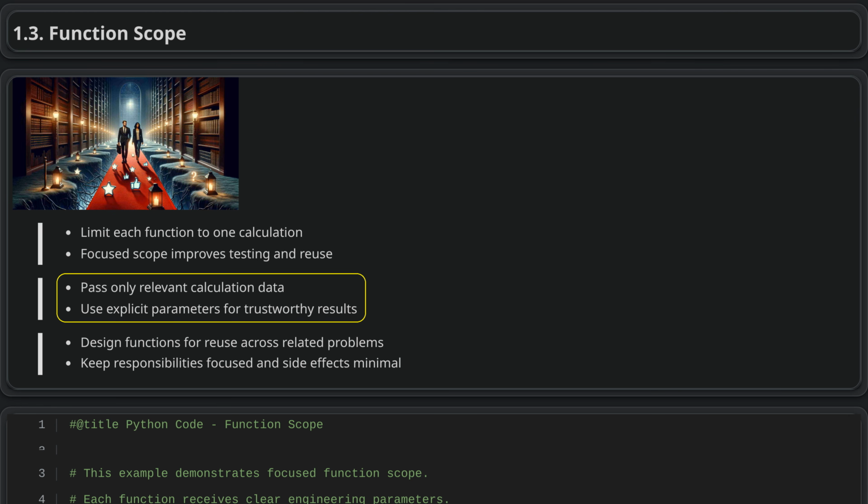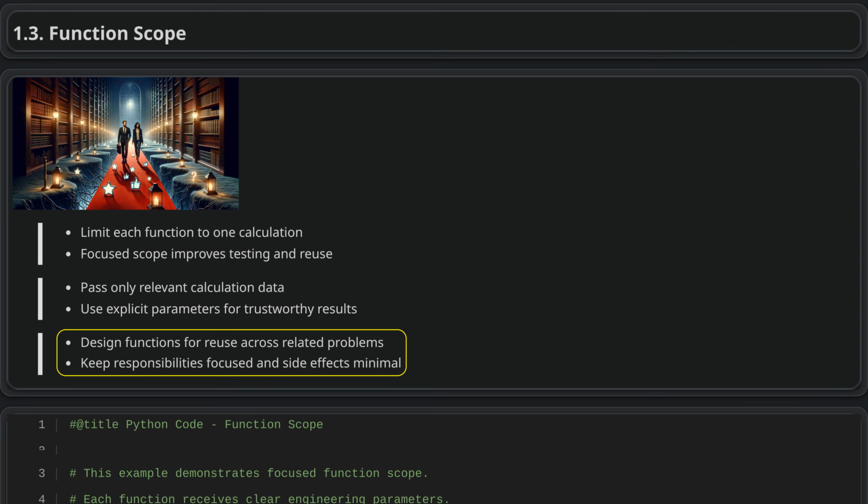Engineering calculations should not depend on hidden data or undocumented defaults, because assumptions about units and conditions can change the result. For example, a mass flow calculation should clearly use the needed physical parameters so others can verify that it matches the real situation. A function has effective scope when it can be reused in different engineering situations without major changes.